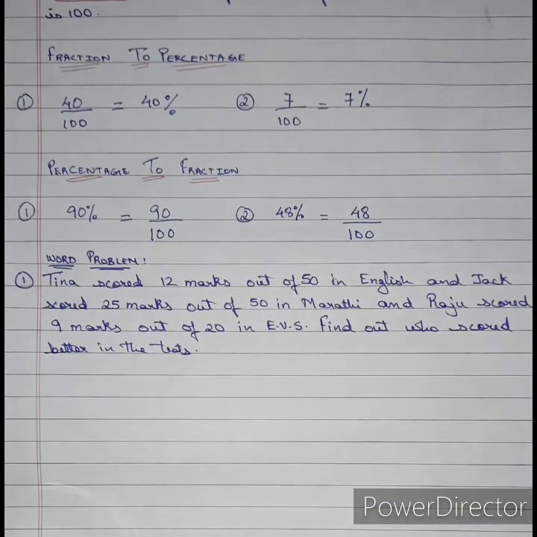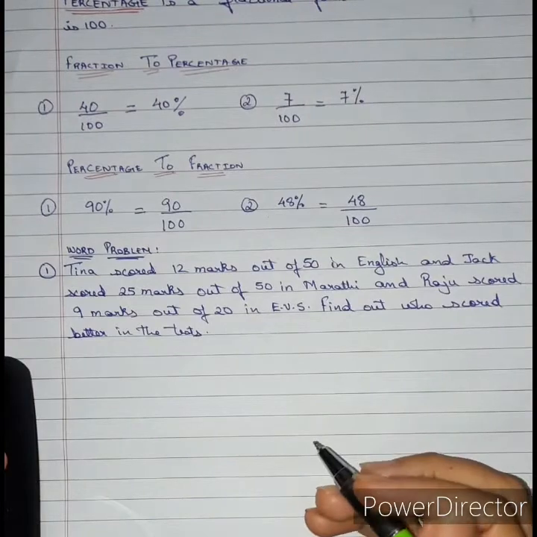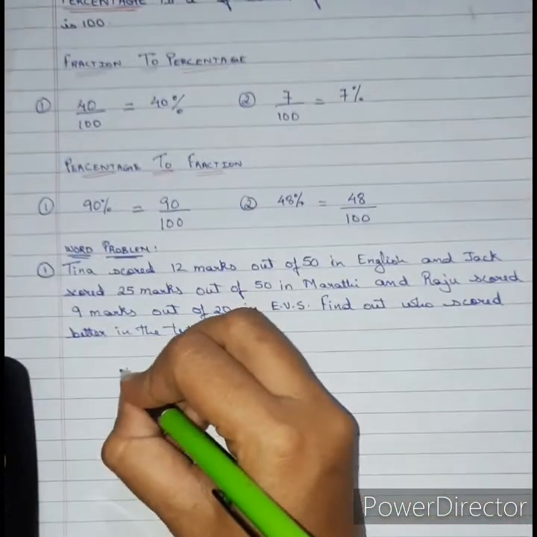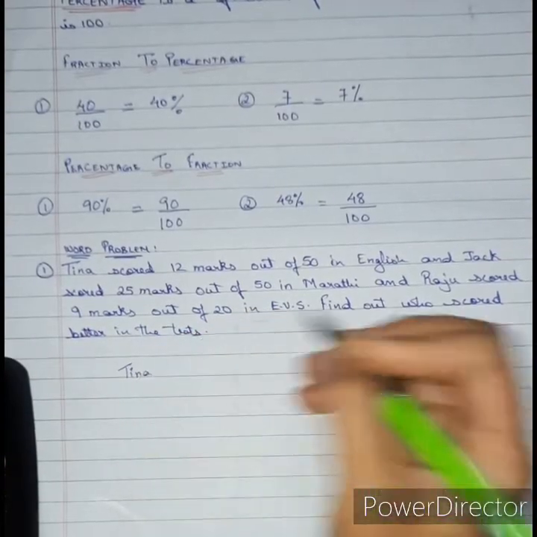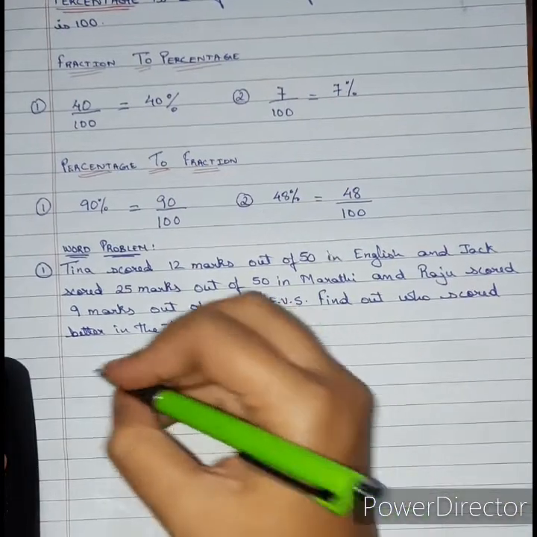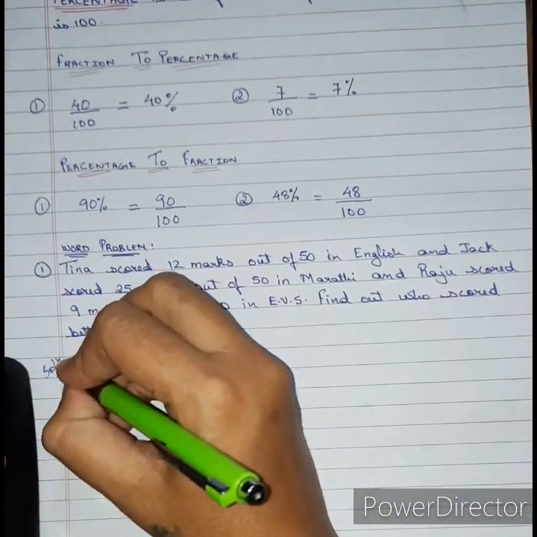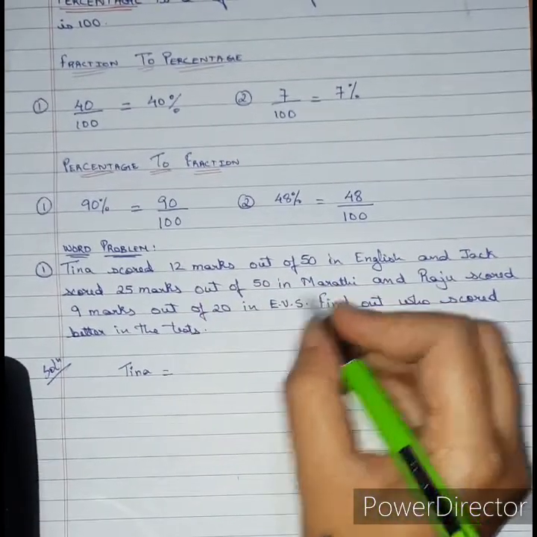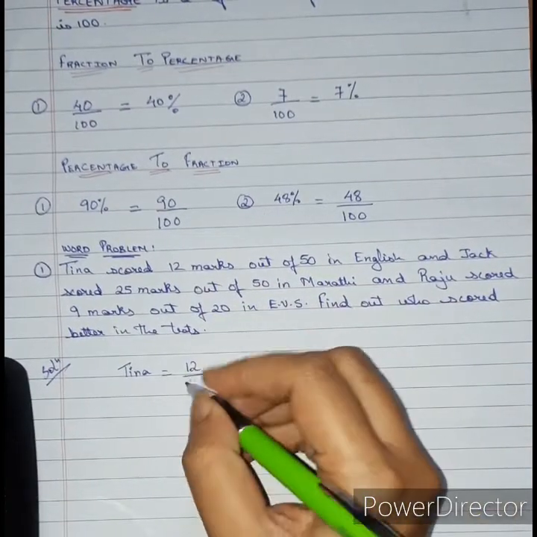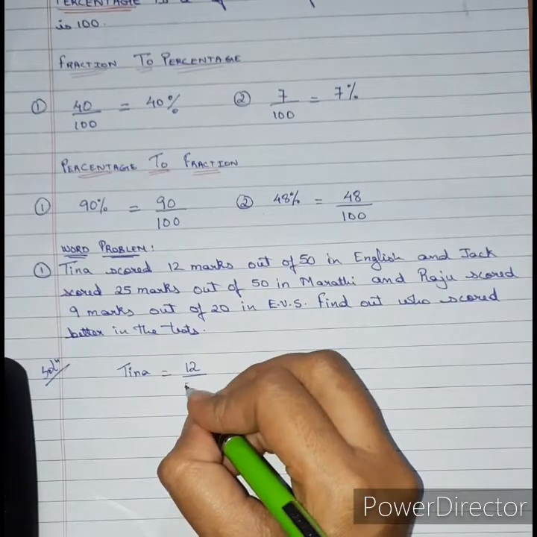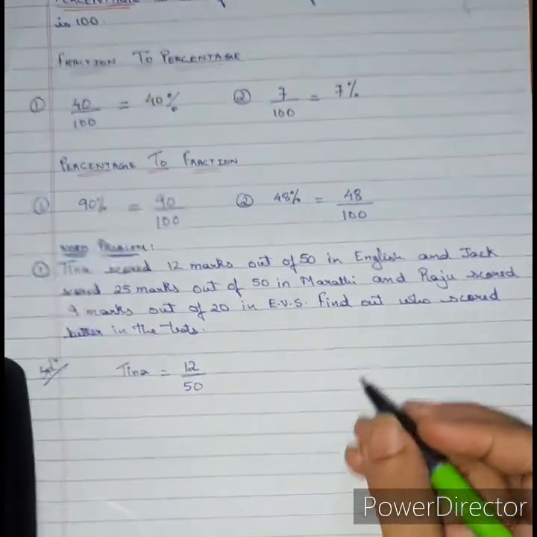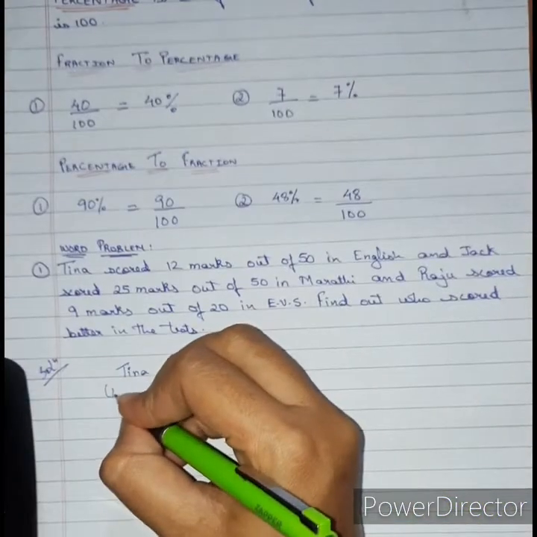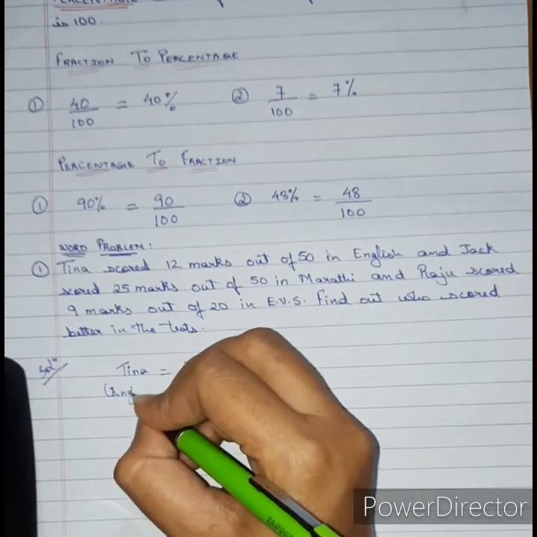Okay, so we will write Tina. Tina scored 12 marks out of 50. 12 out of 50. In which subject? English. So we will write English here.